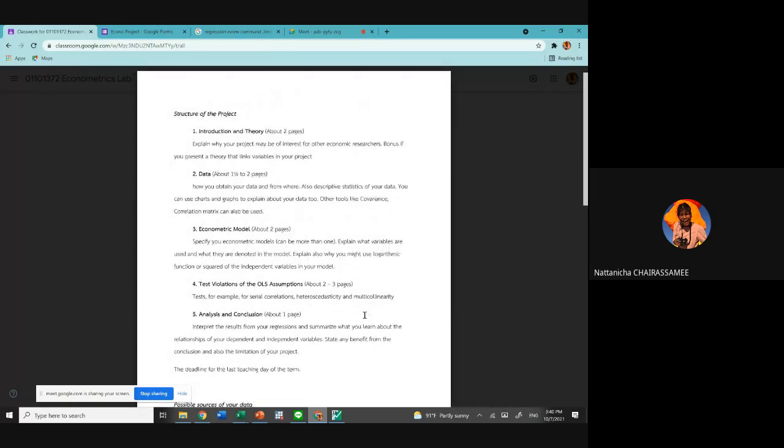The first one is going to be introduction and theory, and I'm going to explain that later. The second part is about your data that you are going to use. The third one is about your econometric model. The fourth one is any kind of test that you have to do with your model. And the last one is going to be analysis and conclusion.